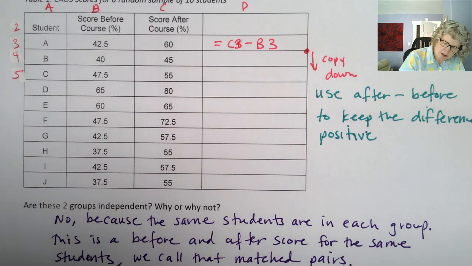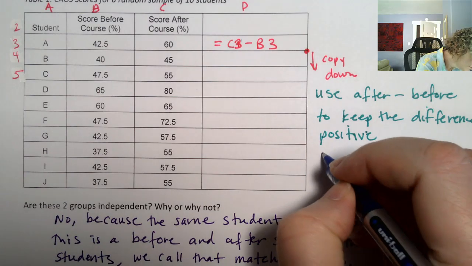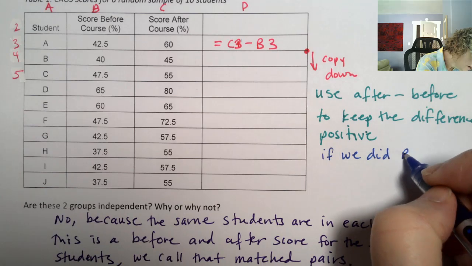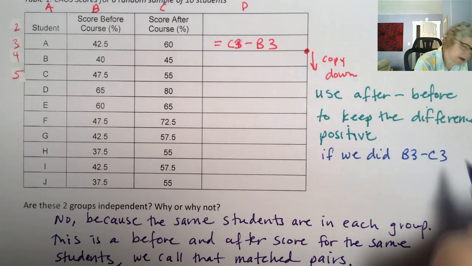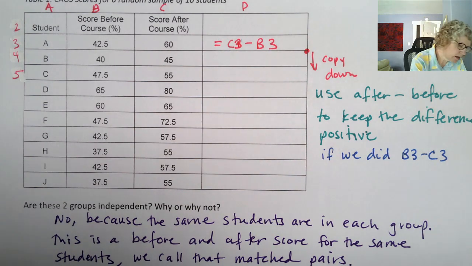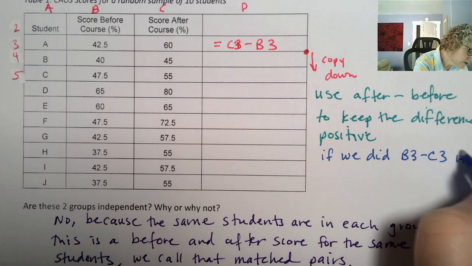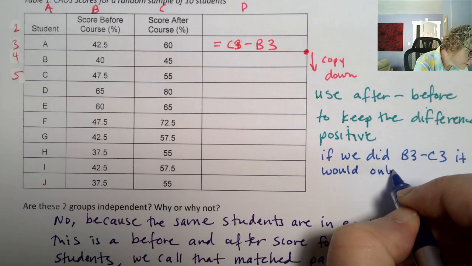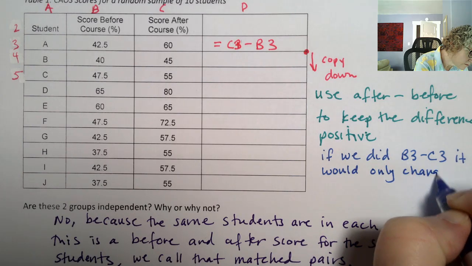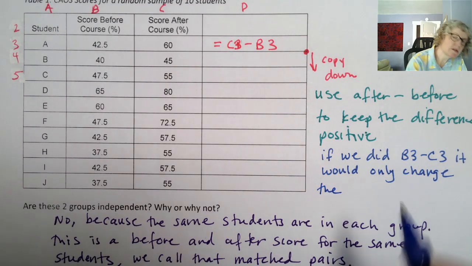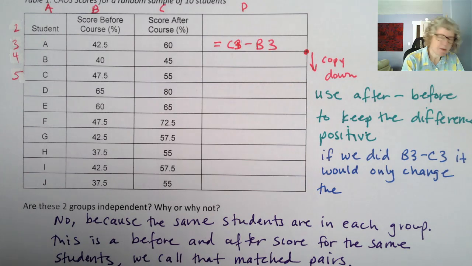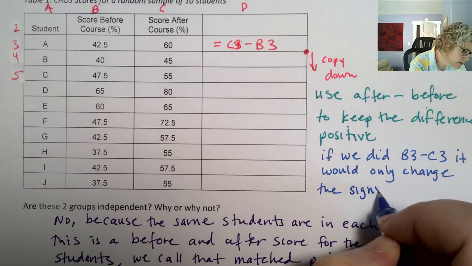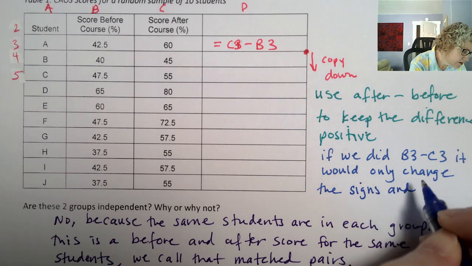So if we did B3 minus C3, that would also work. It would just change the interpretation. It would change the signs on some things, so it'd be good to play around with that.